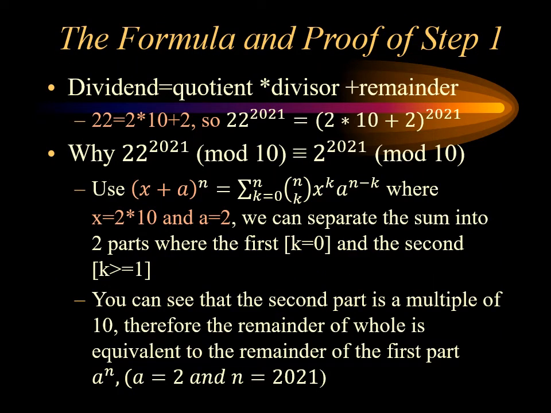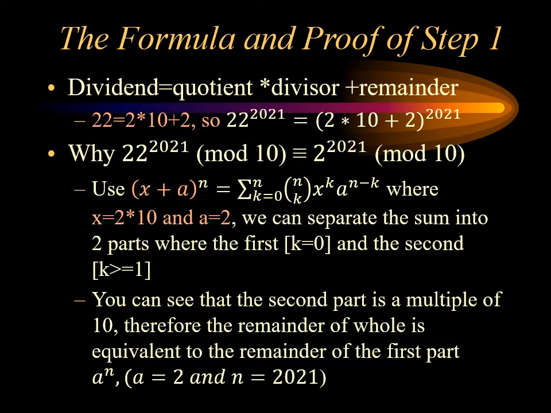And the formula and proof for step 1 in the previous algorithms that you were shown can be seen as these. If you look at the number here, 22, which is the original base, it equals 2 times 10 plus 2. So you expand that using the so-called binomial expansion formula.